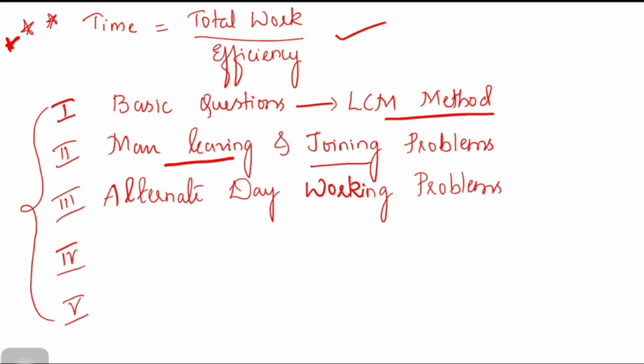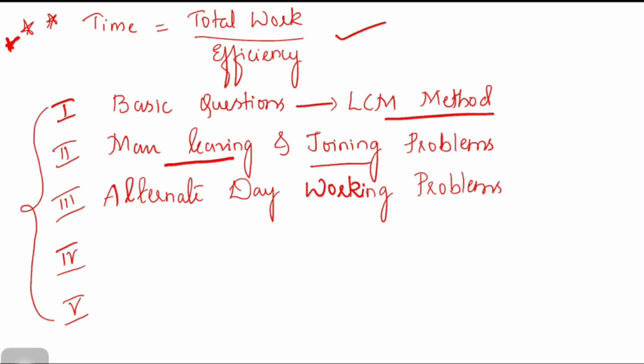That means if on the first day A is working, second day B will work, then third day again A will work, fourth day B will work. In this way alternately they will work and complete the work. So how much time will they take working alternately to complete the work? These kinds of problems we call alternate day working problems. So such problems we'll see in the third part.